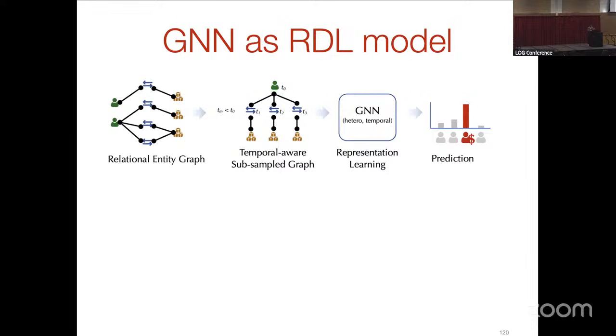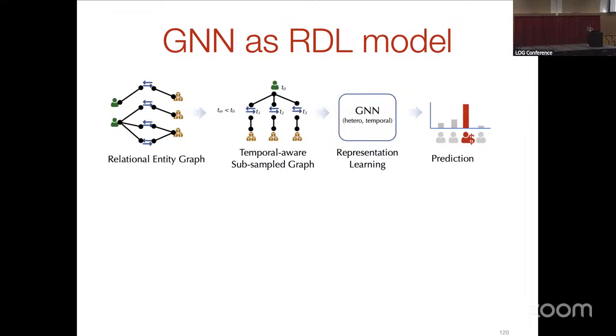Because the relational entity graph may have hundreds of millions of nodes, so we cannot actually process the GNN on the entire graph. Instead, whenever we have a prediction task for a seed node, we sample a subgraph around that seed node, and sampling can be done in a variety of ways.